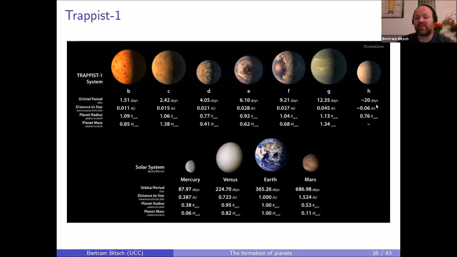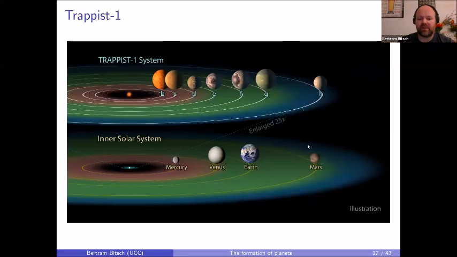So it orbits the central star within 20 days. So the system is very compact compared to the solar system. You can actually look at this in an illustration here. You see here on the bottom the inner solar system, and these small green lines would correspond to the distances that this planetary system would have if it were within our own solar system. So super close to the central star.